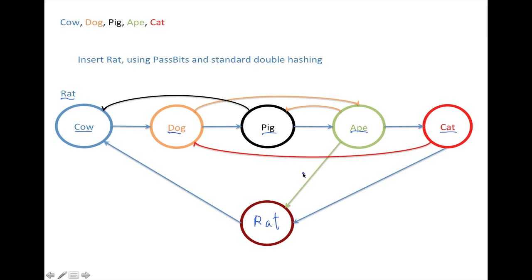So that's where we put it, but now we need to update our pass bits. These are all of the locations that we went through on our way to getting to the location where rat is. Next time that we are searching for rat, we have to go through all of these locations, so we have to mark them all as plus.